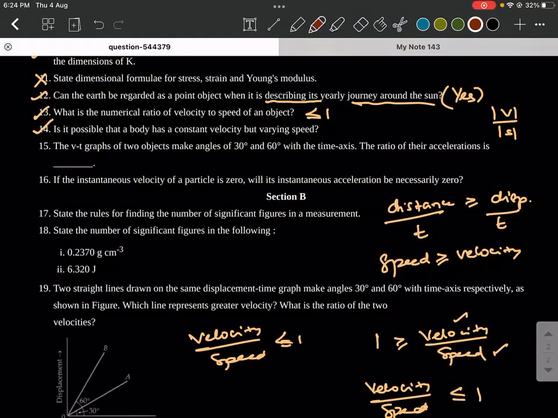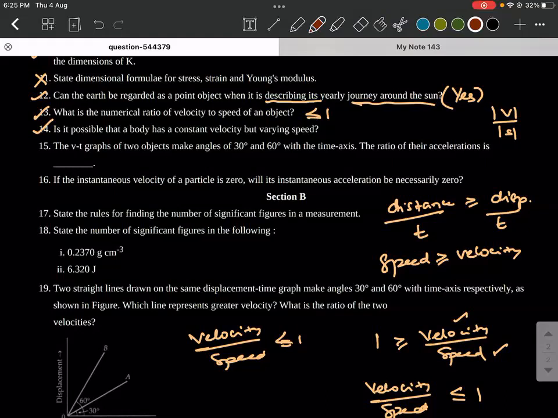14th one. Is it possible that the body has constant velocity but varying speed? Think about it. Velocity and speed sound similar, but they're different. What is velocity? Velocity is speed with direction.